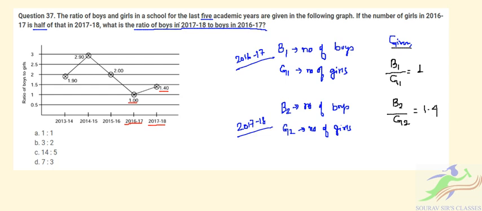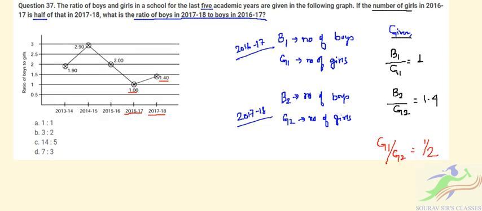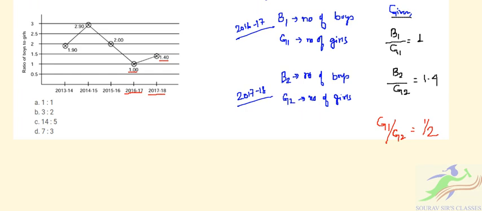We also have that the number of girls in 2016-17 is half of that in 2017-18, so G1 by G2 is equal to half. We have all this given information. Now we have to find the ratio B2 by B1, the number of boys in 2017-18 to 2016-17.